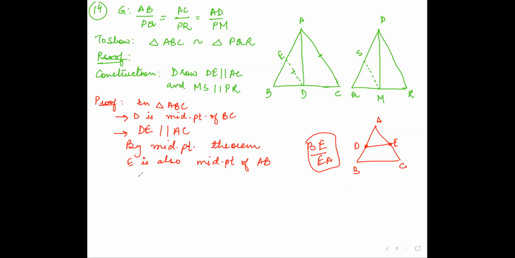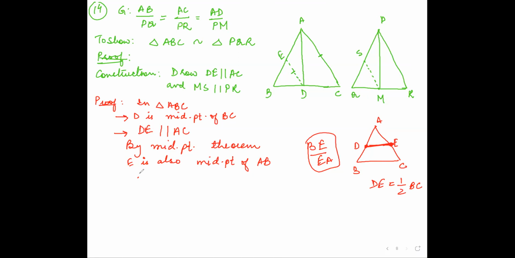The midpoint theorem also says that this side DE is actually half of BC. That was the statement, if you remember from last year. If a line is parallel to the third side of a triangle and intersects the other two sides, then it is half of its length. You can go back to class 9th and revisit the midpoint theorem.